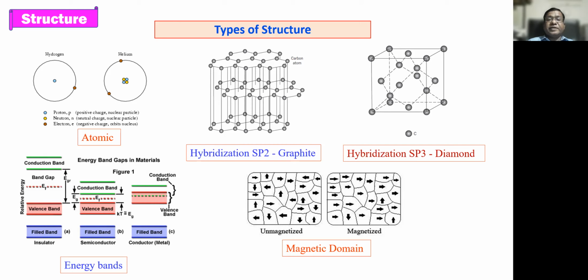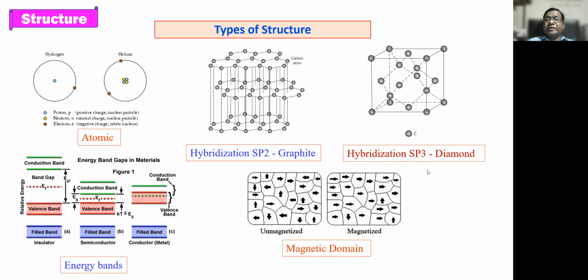If one S shell and two P shells do hybridization, there will be sp2 hybridization, and it will generate three shells. Basically one atom of carbon is connected with three other atoms here. This is called sp2 hybridization, which is available in the case of graphite.